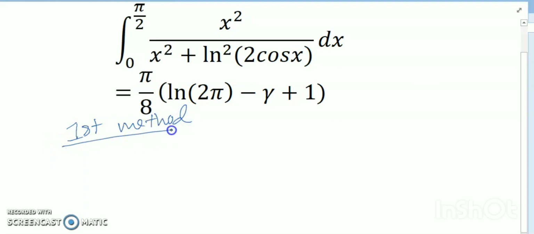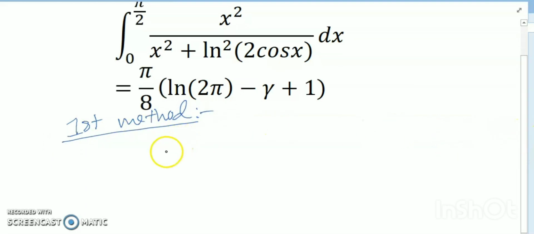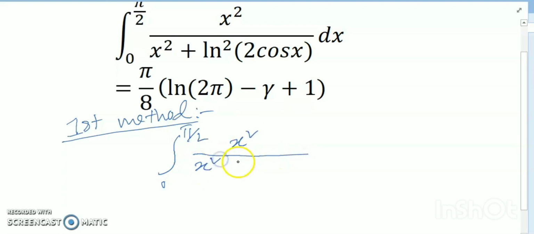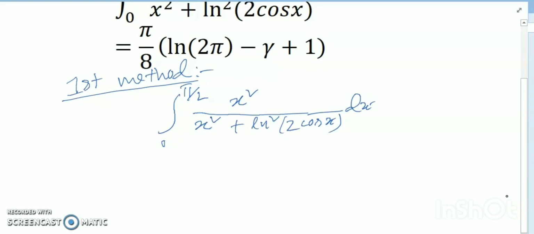Two methods, I will solve this problem in two methods. So the integration from 0 to pi by 2 of x square divided by ln square 2 cos x.